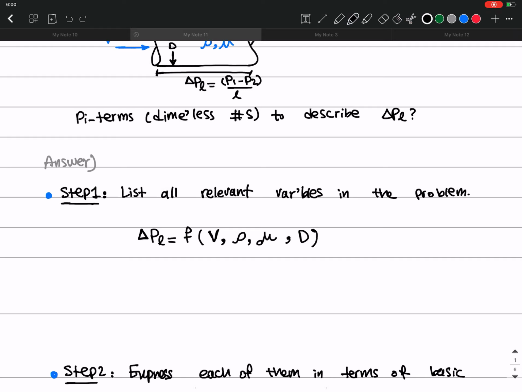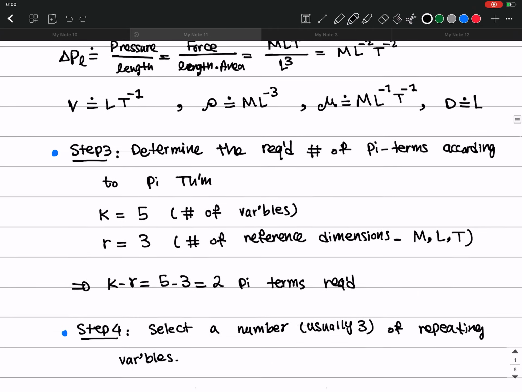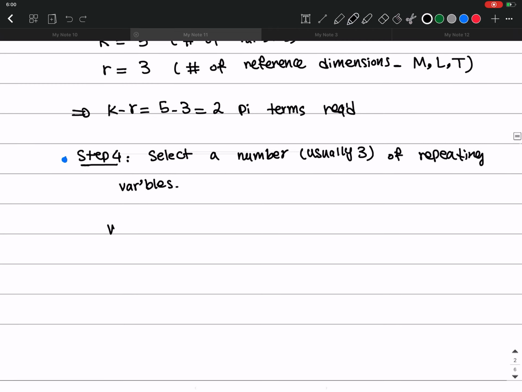I am going to use the simpler ones. I want to use V, rho, and D as the repeating variables, okay? So we choose D, V, rho.